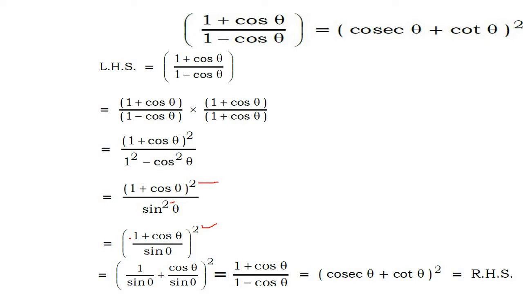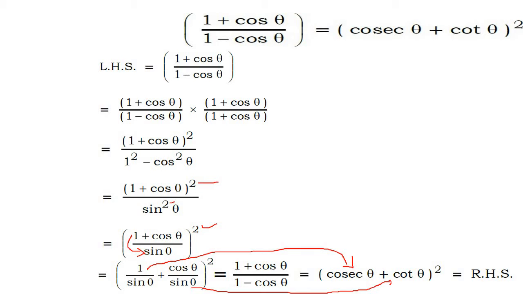Now let us split the numerator as 1 by sin theta plus cos theta divided by sin theta. Here 1 by sin theta is nothing but cosecant theta, and cos theta by sin theta is cot theta.